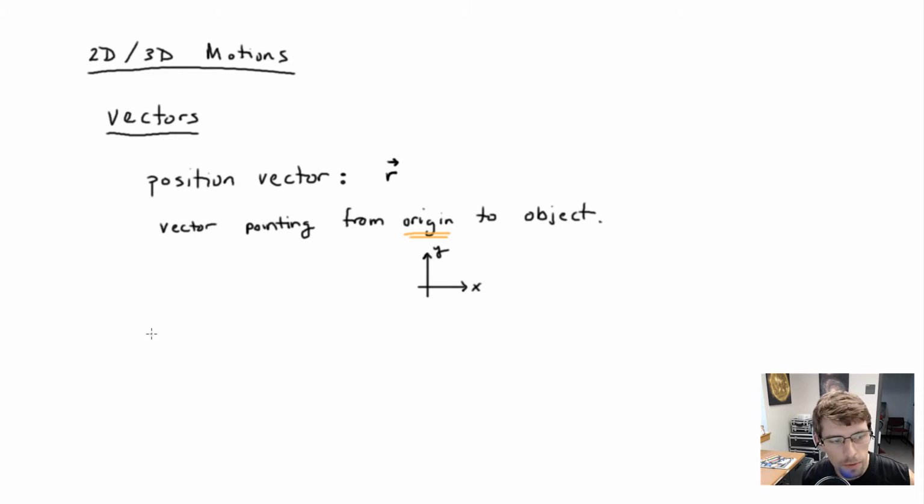Now the next one that we've dealt with is what I refer to as the displacement vector. And if we're talking about finite time intervals, I'll use delta r, so the change in the position vector.